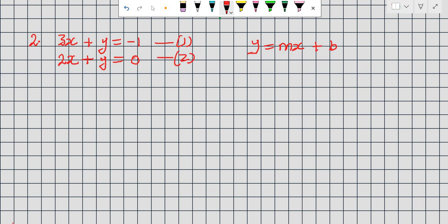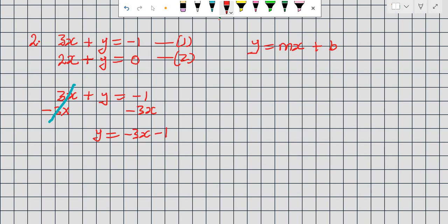So now, let's take the first equation, which is 3x plus y equal to -1. At this point, we are going to subtract 3x from both sides to isolate y. When you do that, 3x will be cancelled out, and you are left with just y on the left side, and that is equal to -3x minus 1.